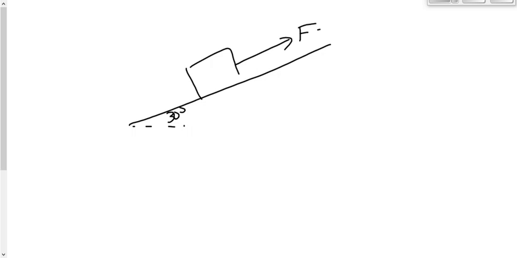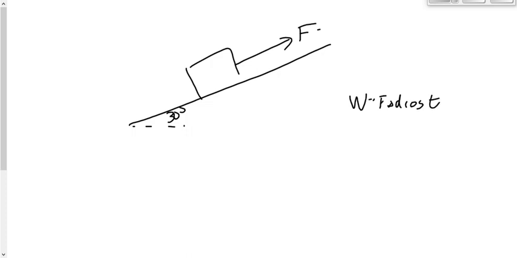The answer is 0. Why is the angle 0? Because what? I'm pulling it, yeah. Yes. I'm pulling it at 30 degrees, and it moves at 30 degrees. I pull it at 30, and it moves at 30.